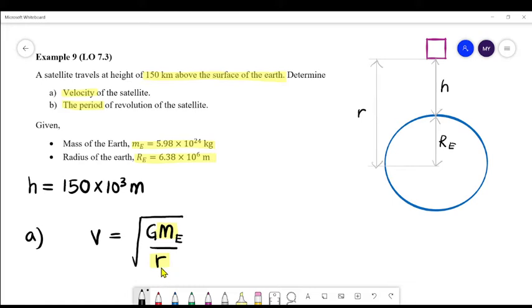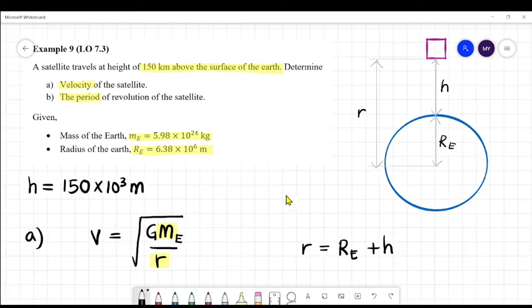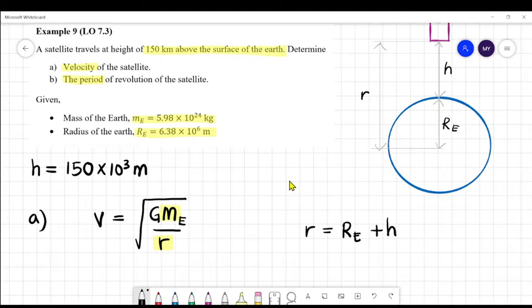Dan r pula adalah distance between the satellite and the center of the Earth. From this diagram, kita boleh nampak nilai r is equals to the radius of the Earth plus the altitude h ataupun height. Jadi di sini kita boleh substitute semua information yang kita dah ada dalam equation untuk cari nilai velocity.